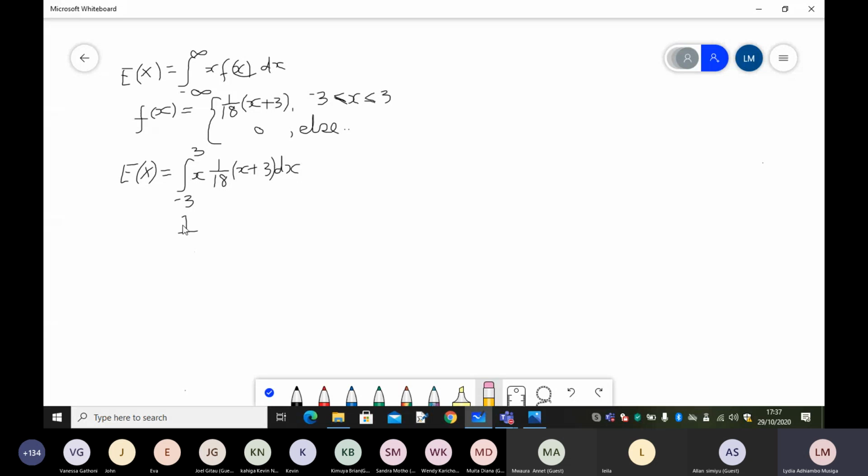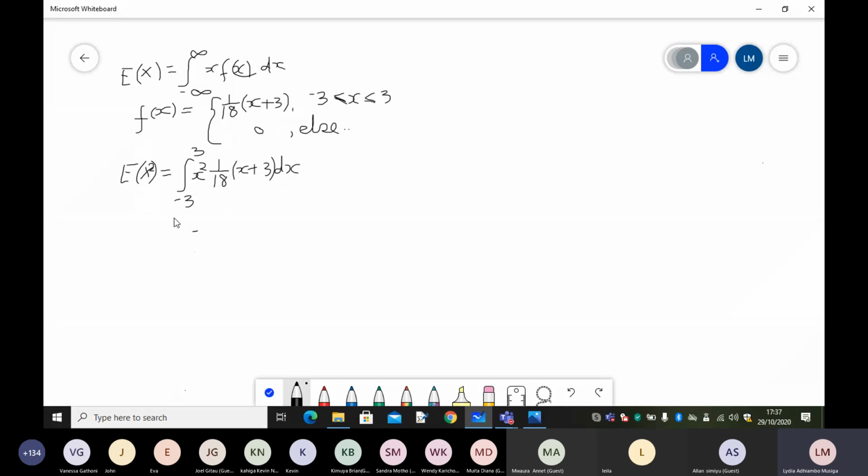In the bracket now we have x squared, so it will be the integral from minus 3 up to 3 of x squared, f of x remains the same, 1 over 18 into x plus 3, dx.